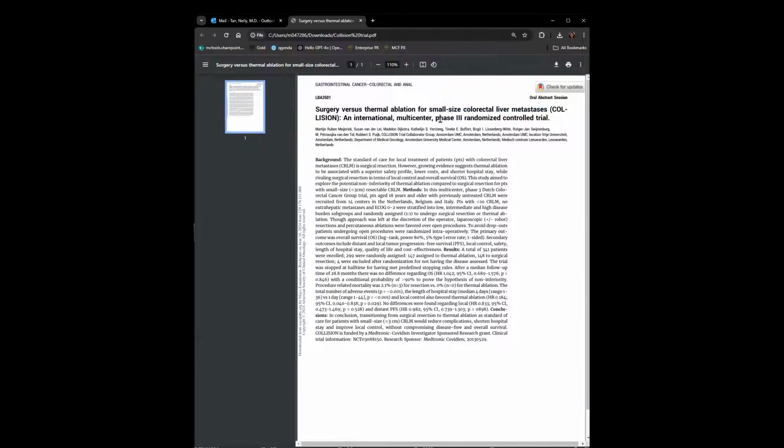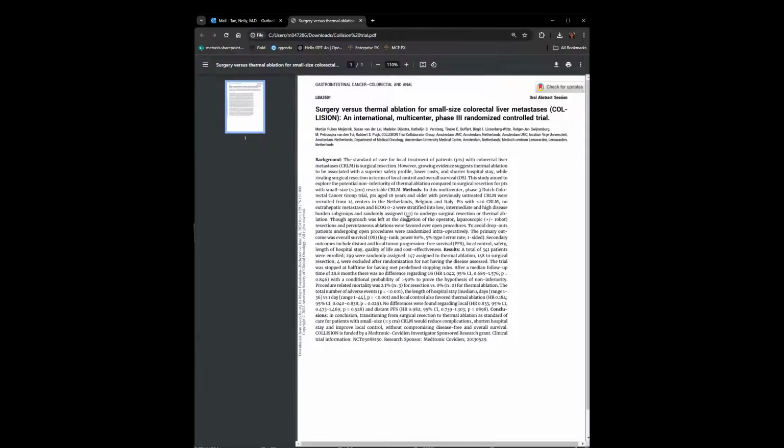This was a phase 3 randomized control study that was stopped halfway because they met the endpoints, showing that ablation for small colorectal metastasis is non-inferior to partial hepatectomy.